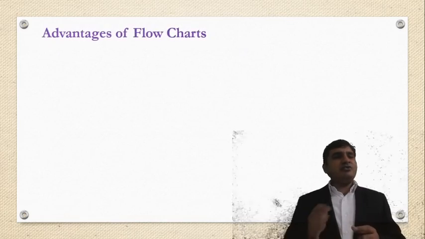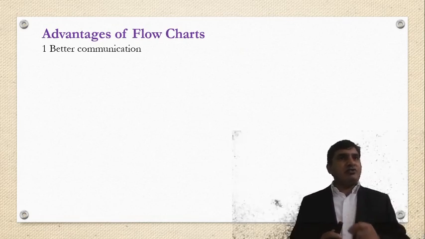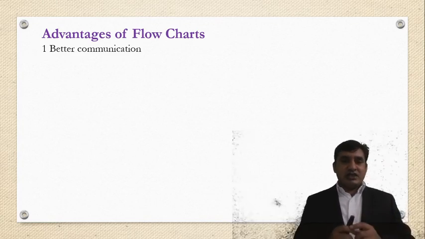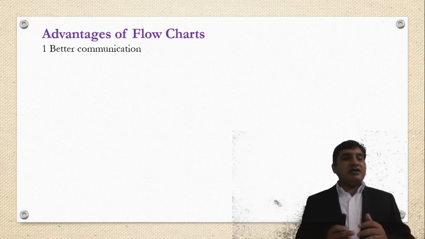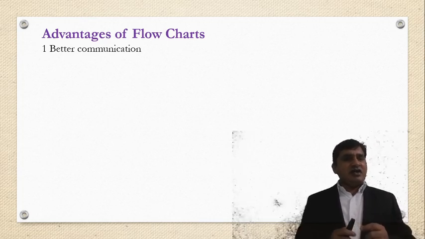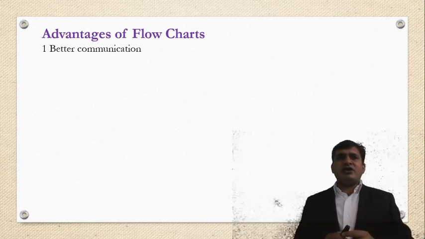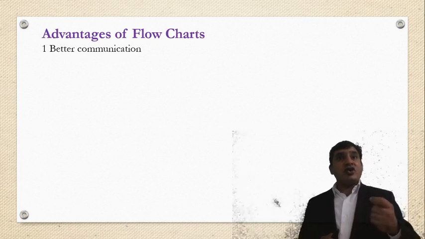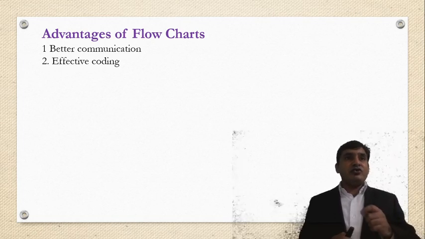Now we have to see advantages of a flowchart. It is used for better communication. Flowchart is very essential, and it is easier for a programmer to explain the logic of a program to other programmers. Second advantage is effective coding.